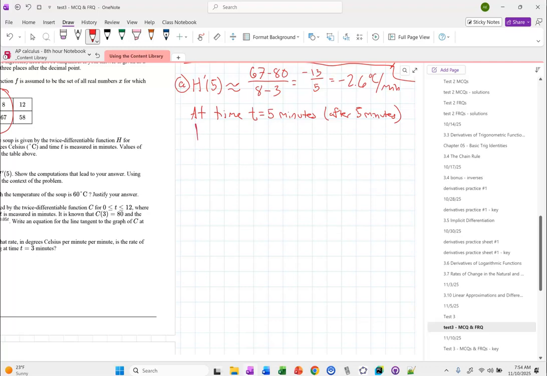Okay. The temperature, and let's be specific, of the soup is, and I'm going to use a math word like decreasing. And since it's a derivative, I'm also going to try to use the word rate.